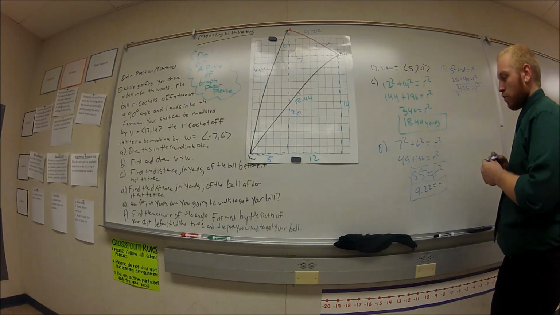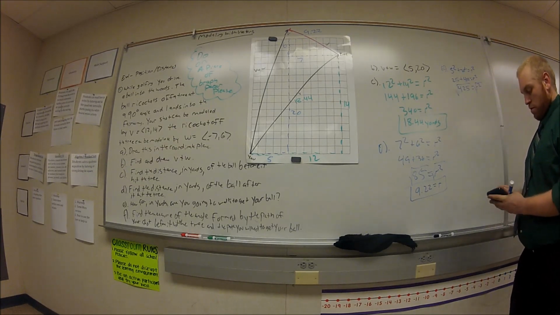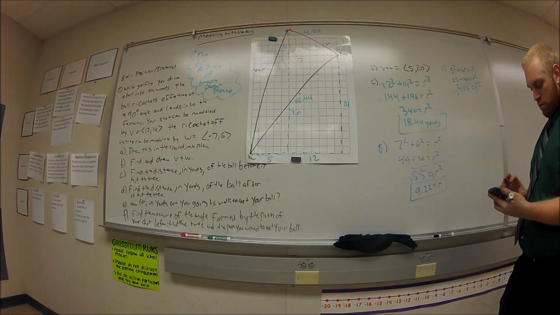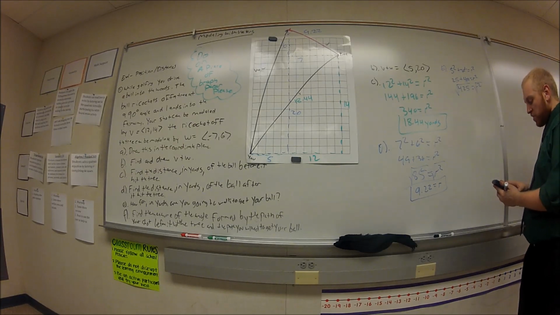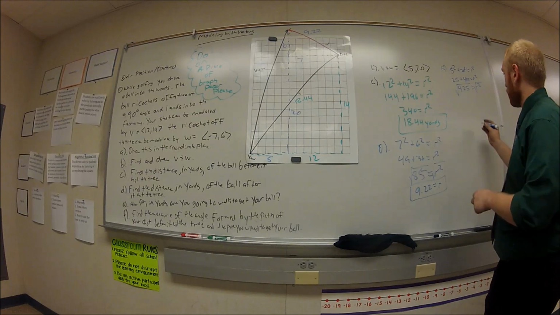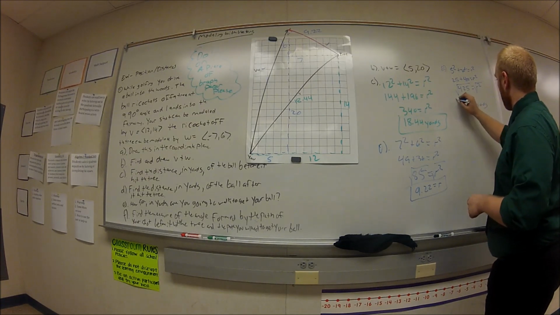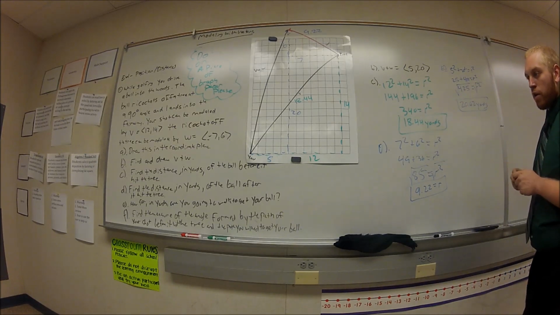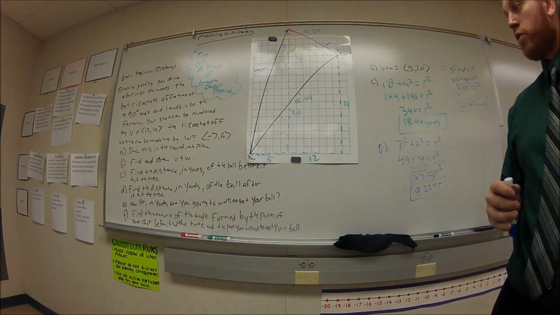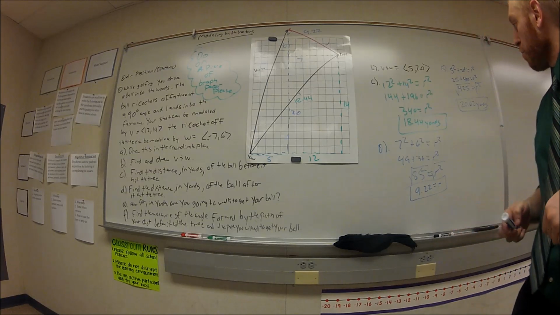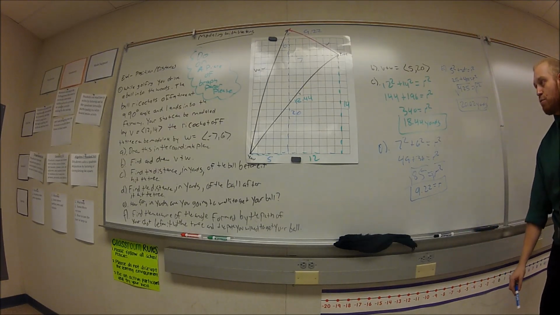Square root. And I got 20.62 yards. So to answer the question, how far in yards are you going to walk to get your ball? Well, you're going 20.62 yards.